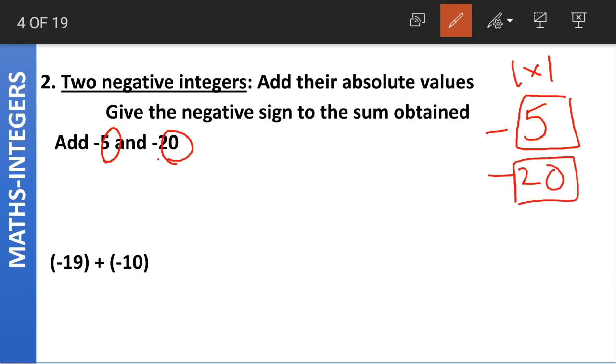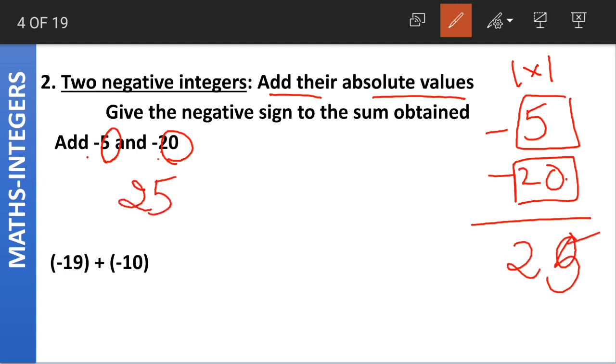Now what is it saying? When we have two negative integers, add their absolute values. We are having two negative integers. Now what to do? We should add their absolute values. 5 plus 20 is 25. The answer will be 25. And what about the sign? Give negative sign to the sum obtained.